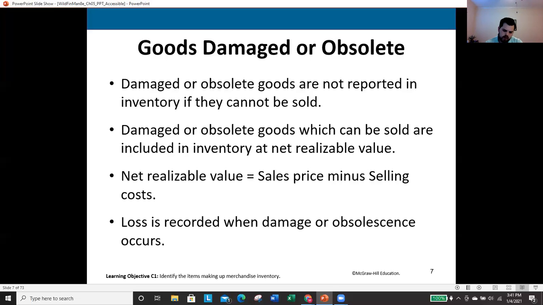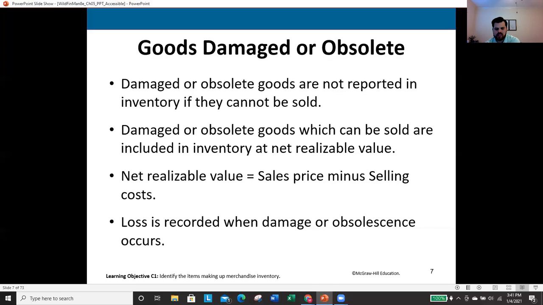Now, of course, damaged or obsolete goods which can be sold are included in inventory, but notice this is one exception: not at cost, but at net realizable value. What we're saying here is if it cost them, say, $200 to build an iPhone 1, when they did that, they would have gone into inventory at $200.